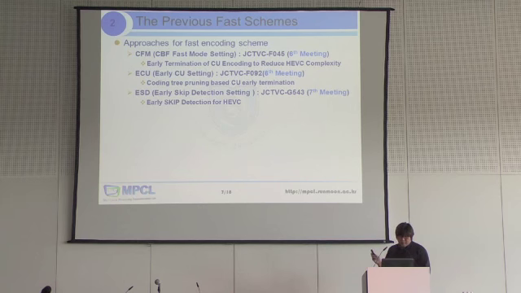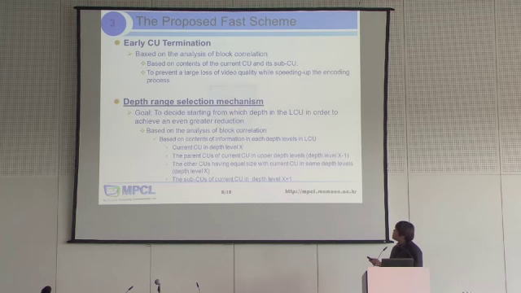ECU uses mode information: if the best mode of the current CU is skip mode, the sub CUs are omitted. And ESD is the early skip detection algorithm, which uses the 3 skip conditions in H.264. We have also developed a fast CU decision, which I will explain in the next slide.